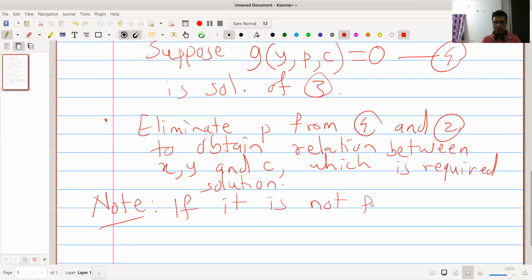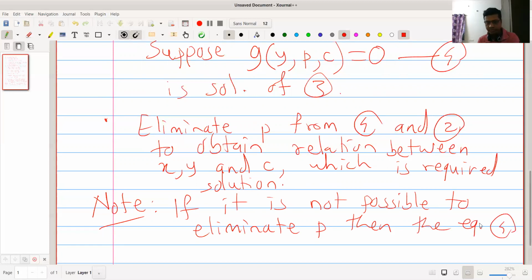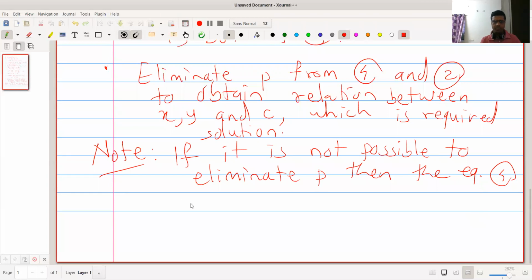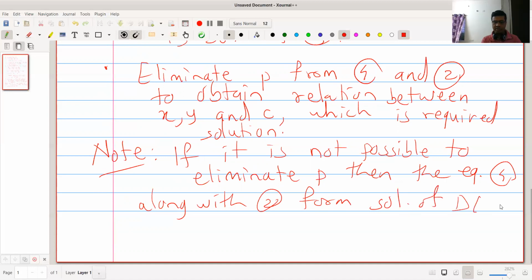If it is not possible to eliminate p, then the equation 4 along with 2 form solution of differential equation 1.